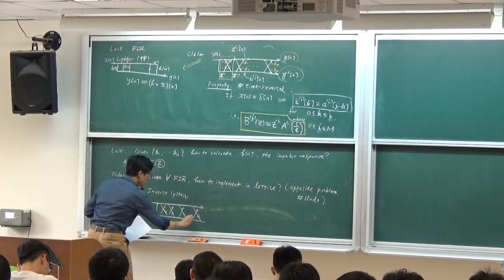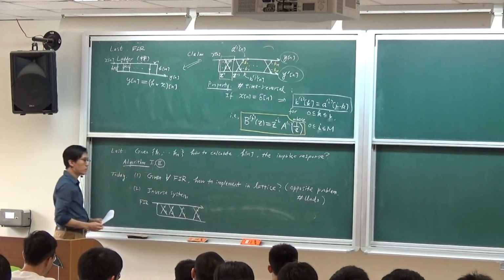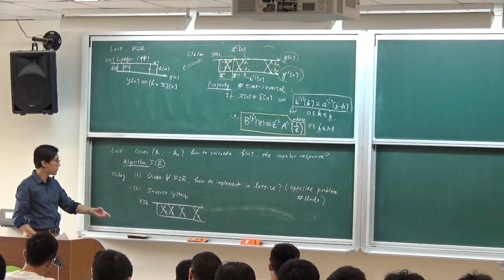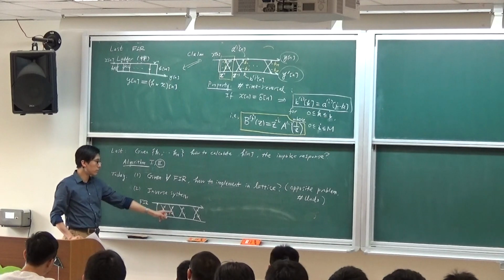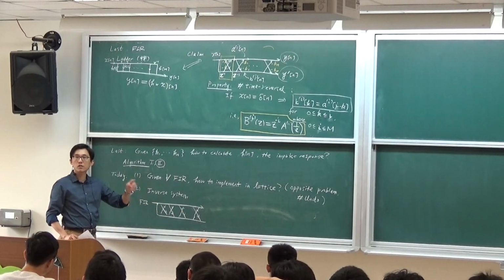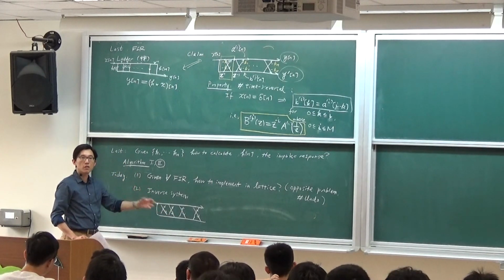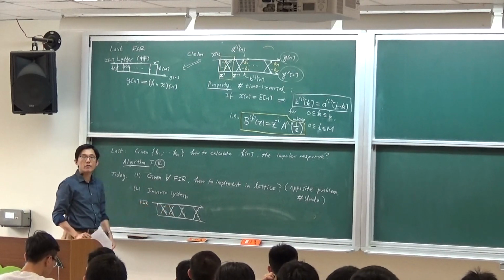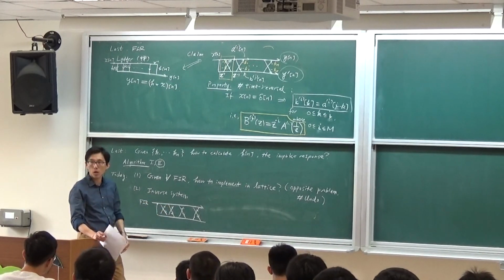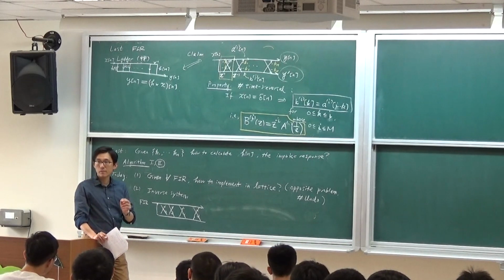But for the inverse system, let me just review the conclusion. It turns out that if all the lattice coefficients, K1, K2 and so on, have an absolute value of less than 1, then it's very nice.